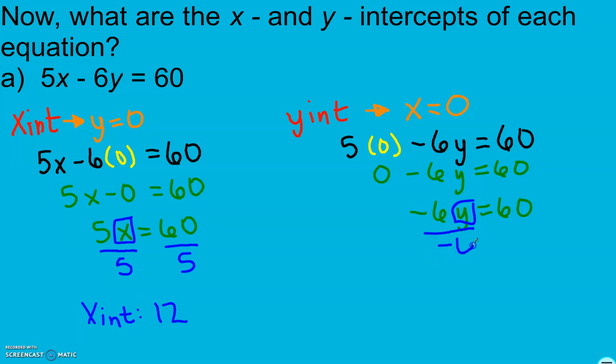My y-intercept then is at negative 10. And we can write those as ordered pairs. Here, x is 12, y is 0. Here, x is 0, y is negative 10.